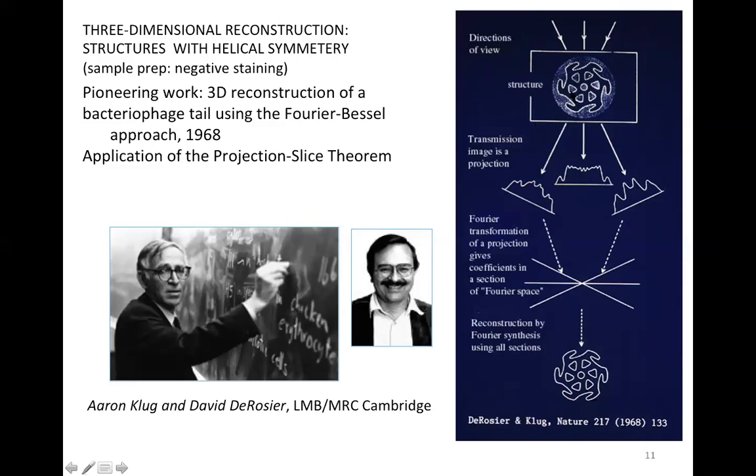The idea is to collect multiple views, and each view, when you Fourier transform it, is actually a central section in the three-dimensional Fourier transform. So the recipe for three-dimensional reconstruction is simply that you collect many, many views in a large angular range and then perform two-dimensional Fourier transforms and arrange these in the three-dimensional Fourier space, and then perform some kind of an interpolation.